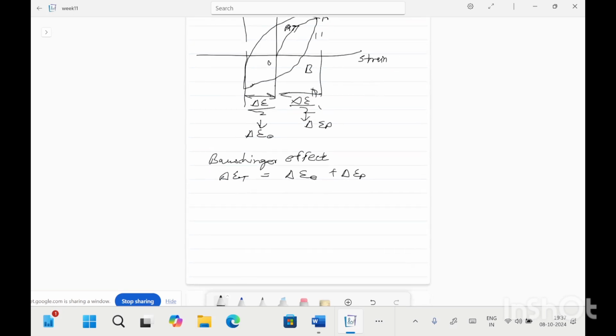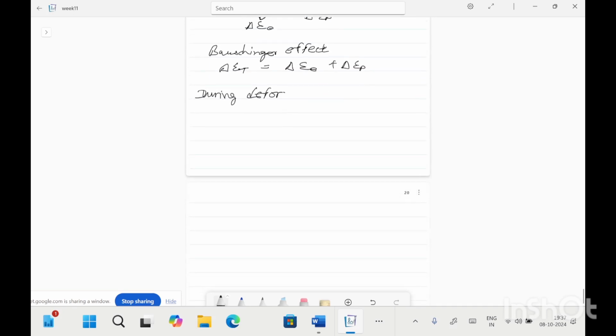With cyclic loading and unloading conditions during the deformation process, a state will be reached where stable stress strain loops will develop. For a cyclic loading condition, the curve will follow this path.